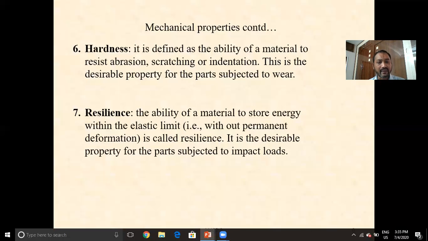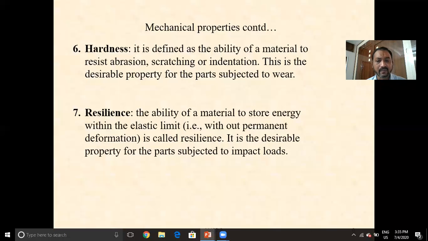So the amount of energy stored within the elastic limit is called resilience. If the resilience is more, the material will be able to store more energy when it is strained within the elastic limit.